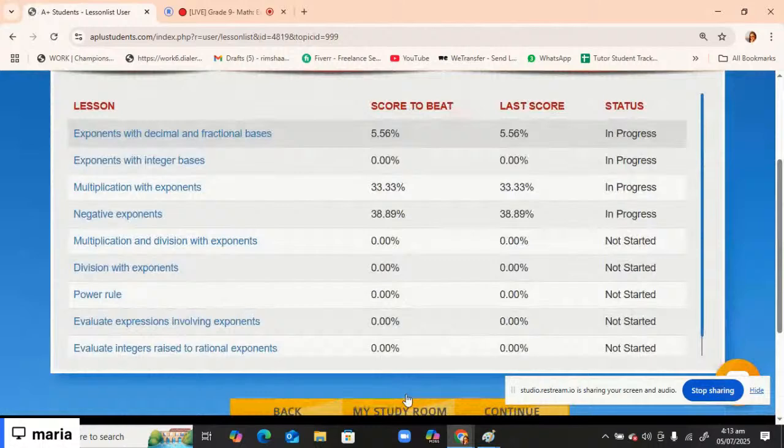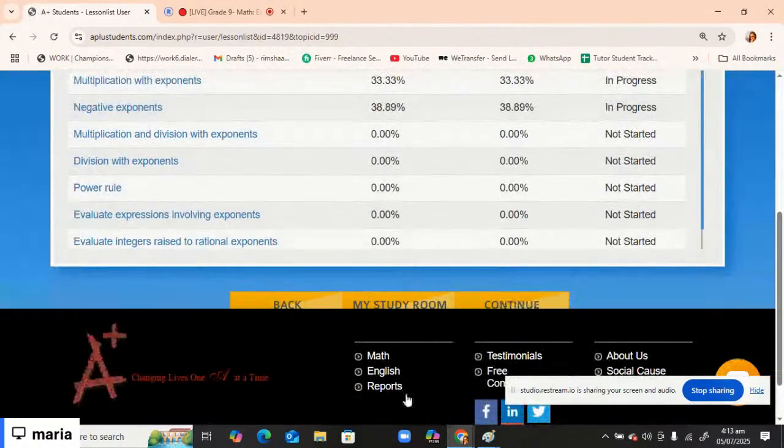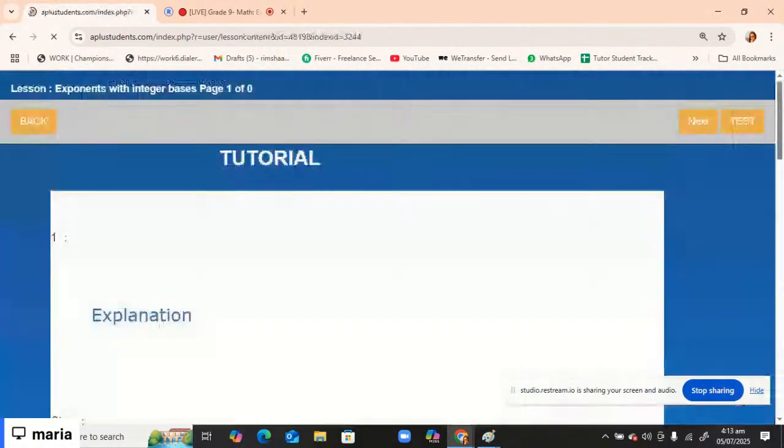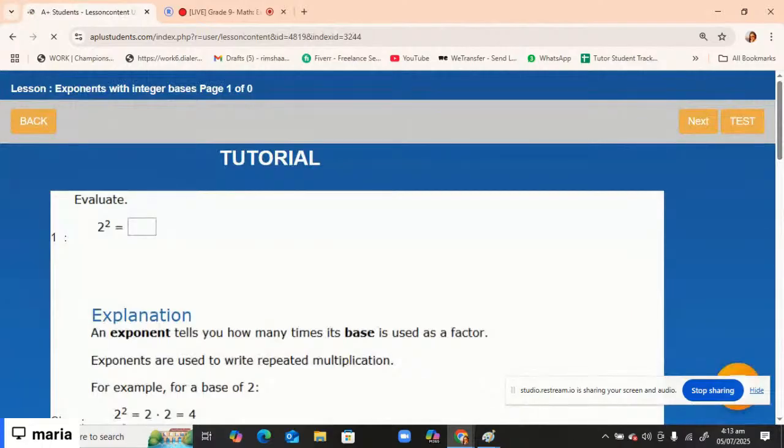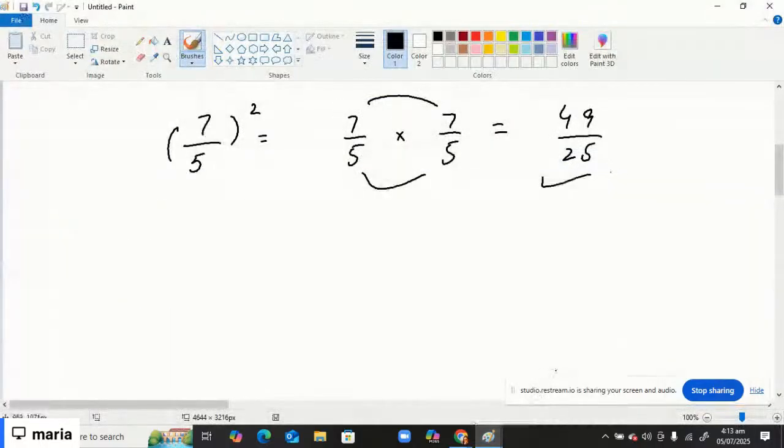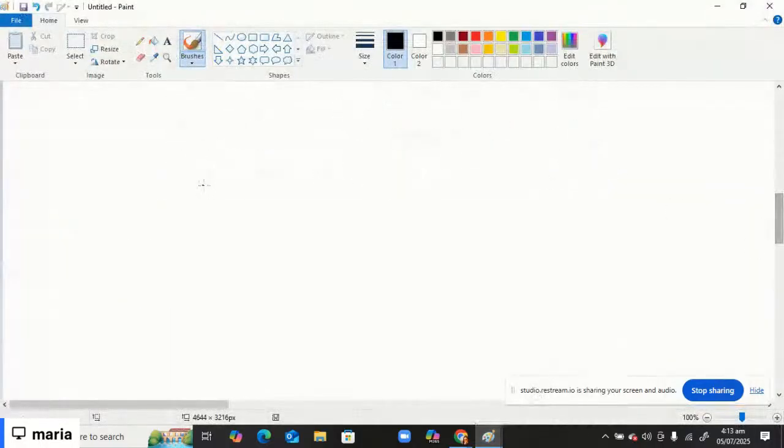Let's start another topic, exponents with integer bases. This is just like, if you have some number, let's suppose I'm going to write 3 power 3. This is 3 times 3 times 3.